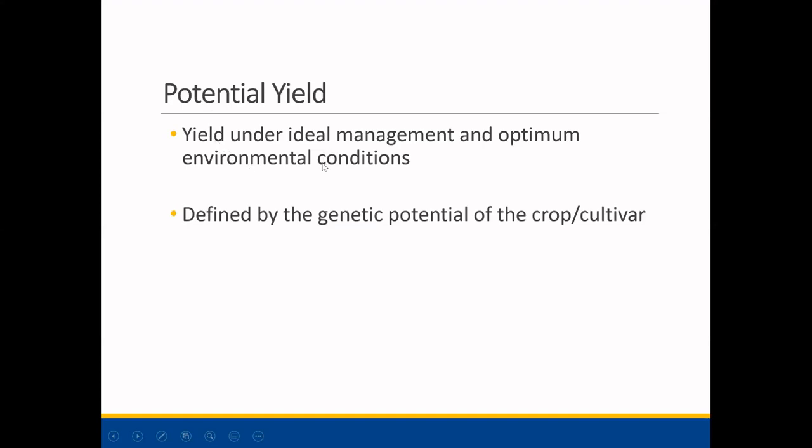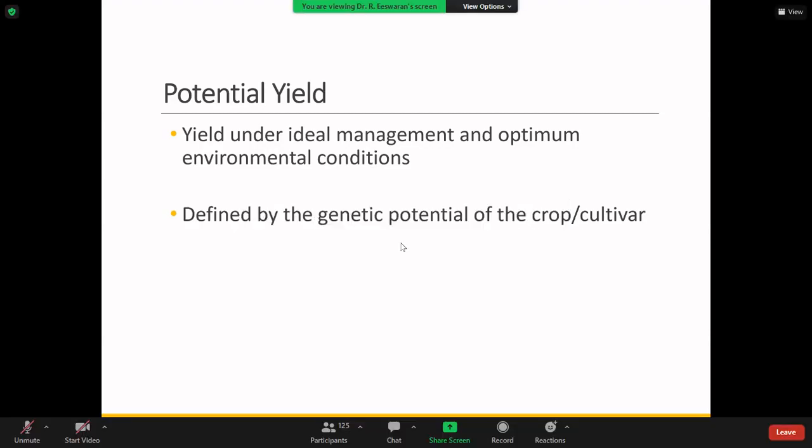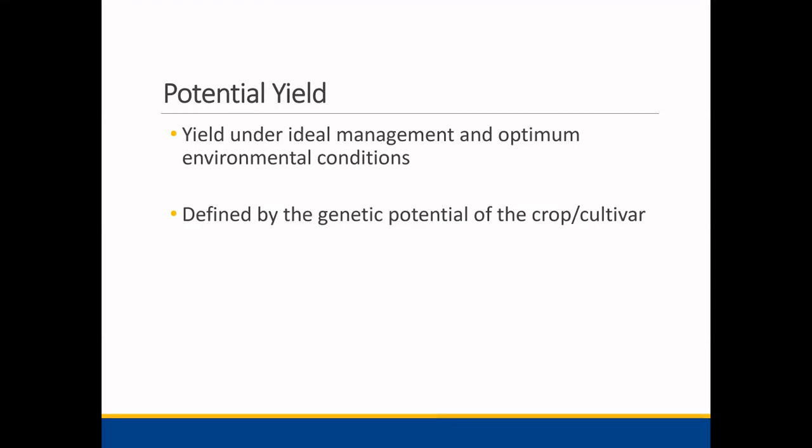or variety. But in the field conditions, it's very, very difficult for you to provide ideal management and optimum environmental conditions. That's why I said it's a hypothetical one. It's defined by the genetic potential of the crop or cultivar, that is, how much yield that particular genotype can produce.